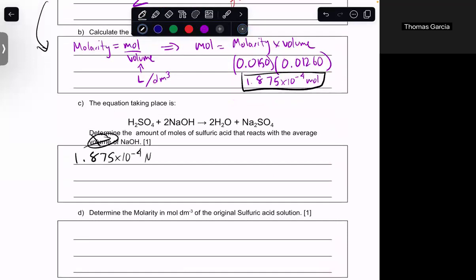We can convert 2 mole NaOH to 1 mole H2SO4, using the coefficients for the mole ratio. Mole cancels with mole, and I get a total of 9.38 times 10 to the minus fifth mole H2SO4.